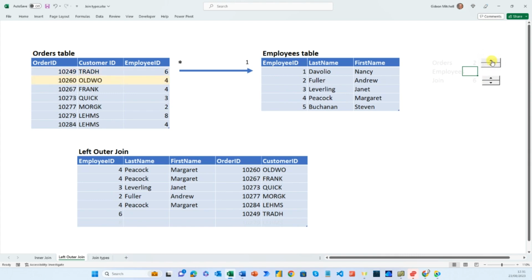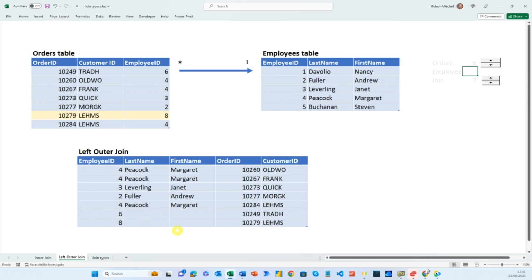That one, we've already got that one in our inner join, and that one, and that one, and that one. This one though is also data that was not included in the inner join because it's got an employee ID of 8 that's not included in the employees table. That doesn't match anything in the employees table.